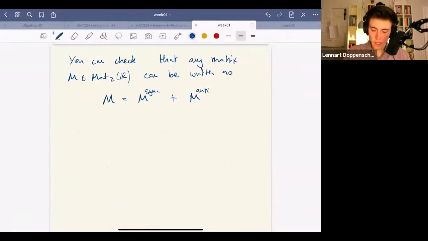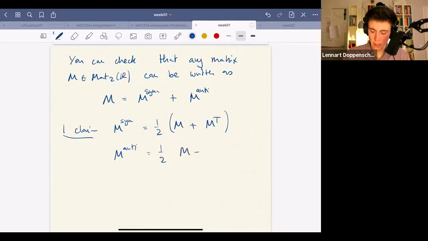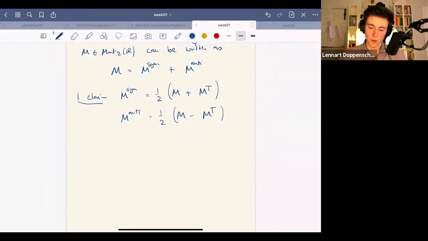Well, observe what happens if you apply the transpose. I won't go through this, but I just claim, and this is a very easy verification that you can do, that M symmetric is just equal to 1/2 (M plus M transpose), and M anti-symmetric is equal to 1/2 (M minus M transpose). And you can check that they sum to M again.